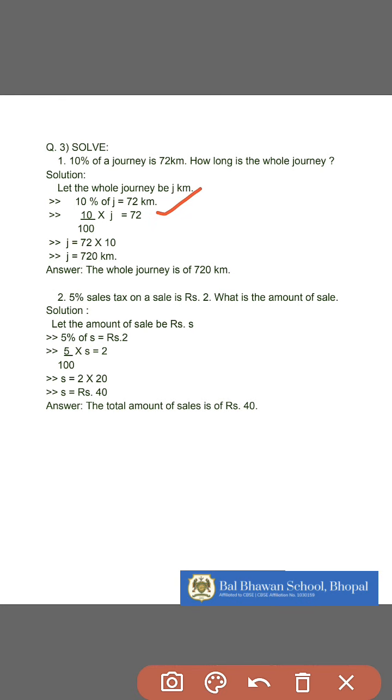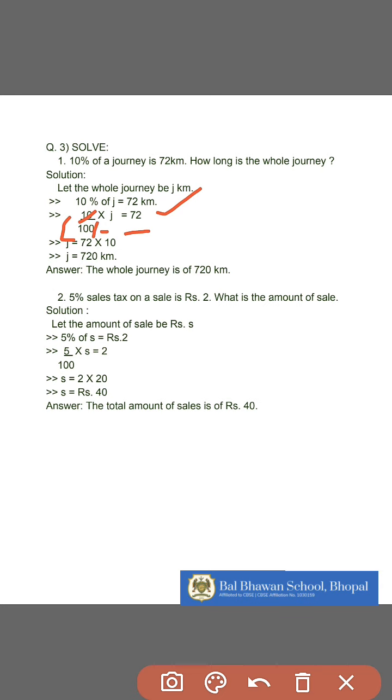Now children, 10% will be converted into a fraction as 10 upon 100 into j, because the of operator changes to multiplication, is equal to 72, which will remain as it is. Now we can cancel 1 0 from the numerator and the denominator.